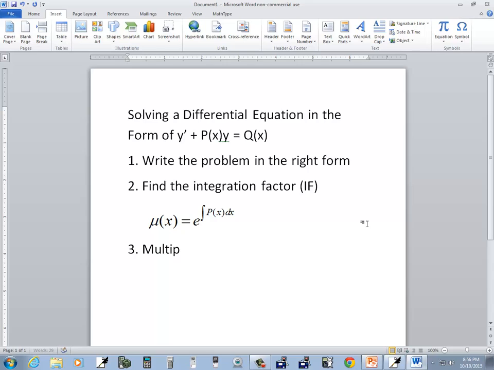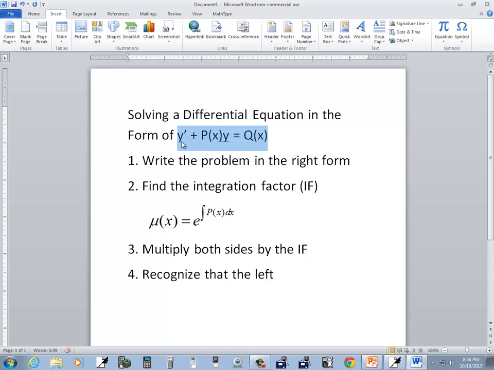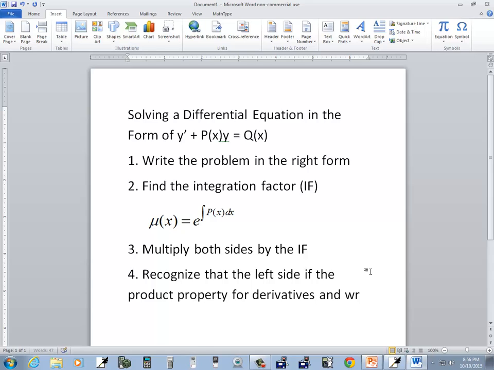And now you're going to multiply both sides by the integration factor. Then step 4, recognize that the left side, and this is assuming the form I have up here, which means you have to have your y prime and this on this side, recognize that the left side is the product property for derivatives, and write accordingly.